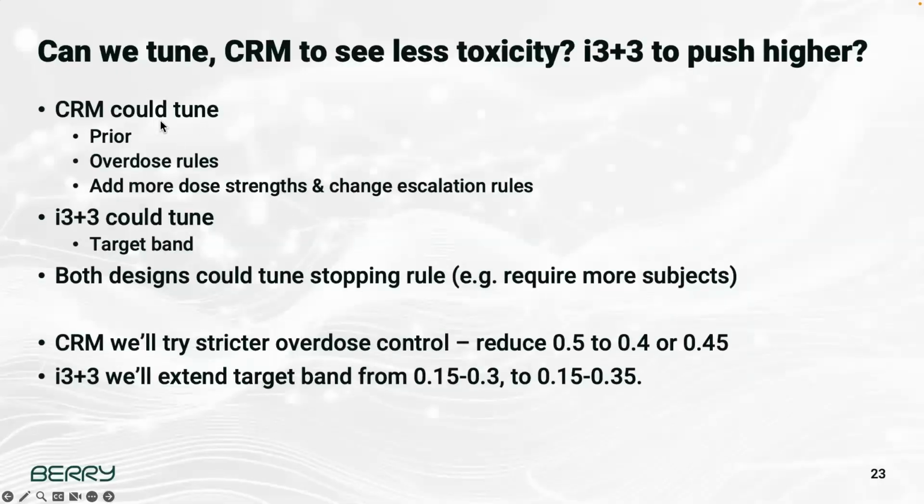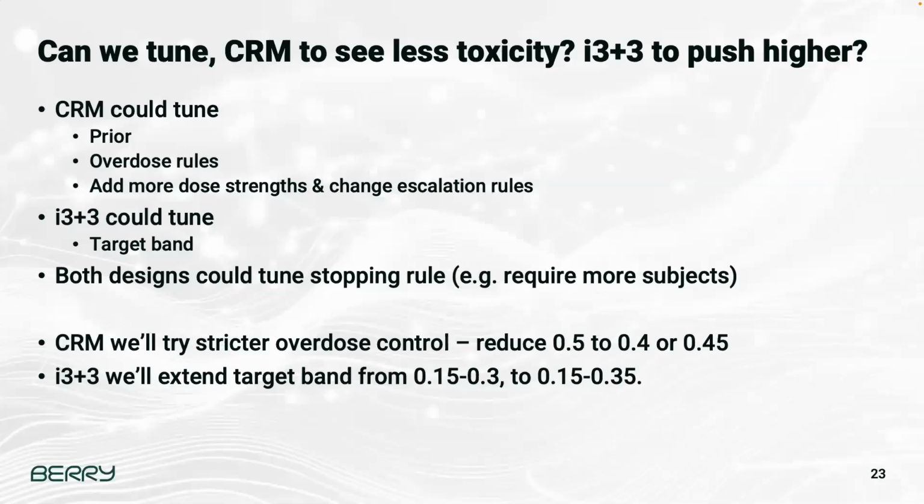So as I said, how do we tune it? We can change the overdose rules. We could even add in intermediate dose strengths and then change the escalation rules to be able to step over those as we go up. We could also tune the I3+3. We could say, well, actually, it's a little over conservative. We're actually happy for it to occasionally pick doses with a 40% toxicity.